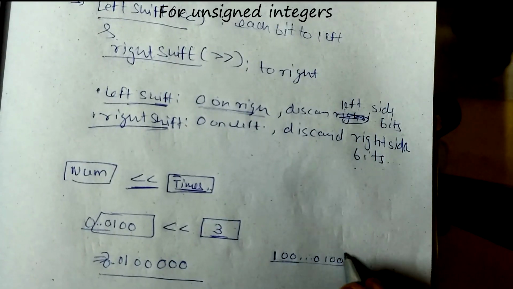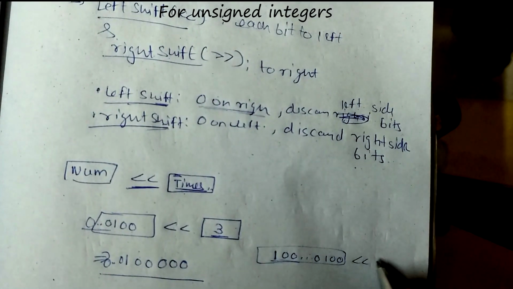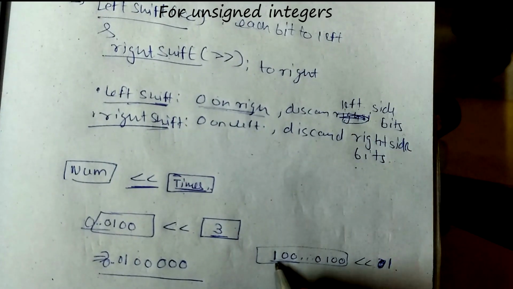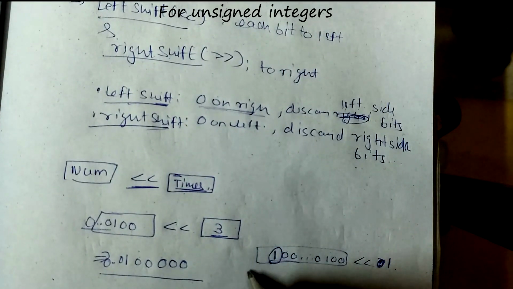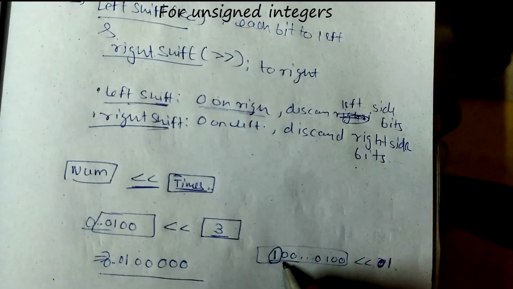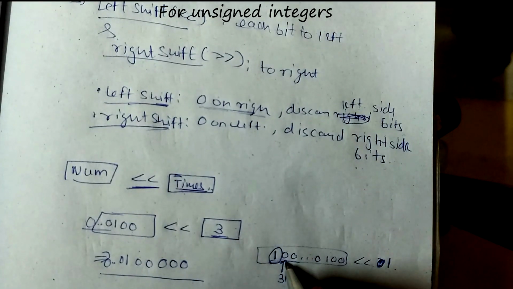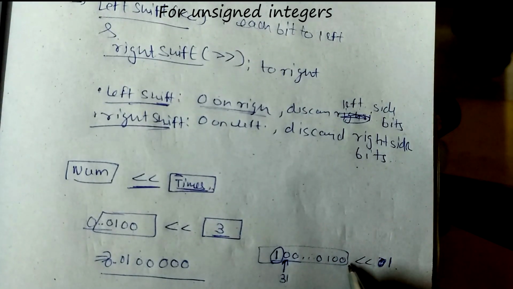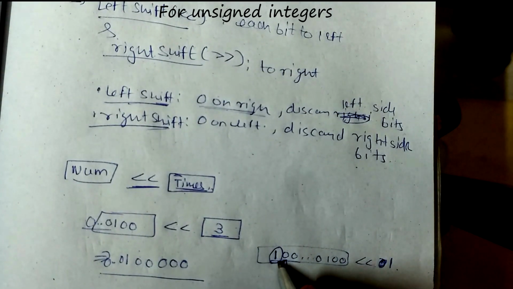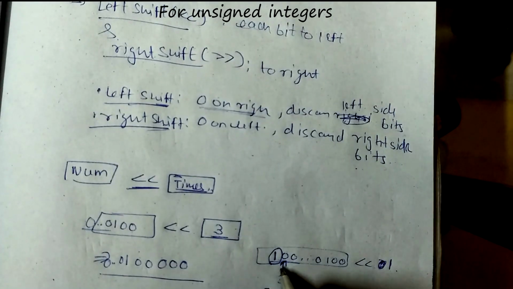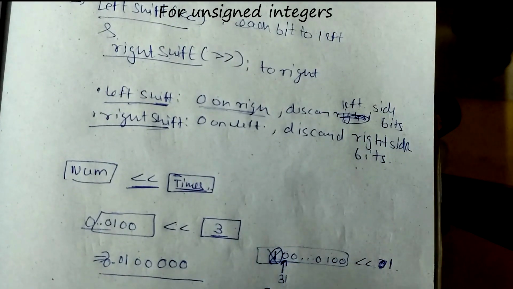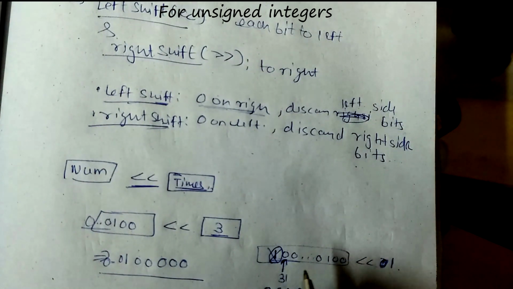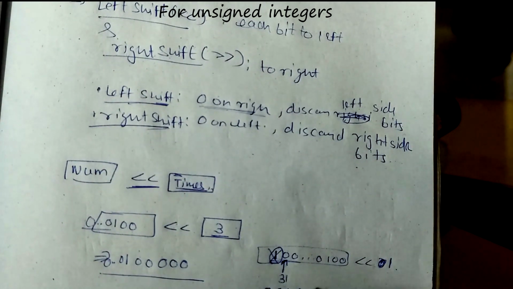Let's say we do it just 1 time. Then this 1 would get discarded. The 31st bit from the right side would become the 32nd bit, because this one got discarded, and each bit got shifted towards the left.